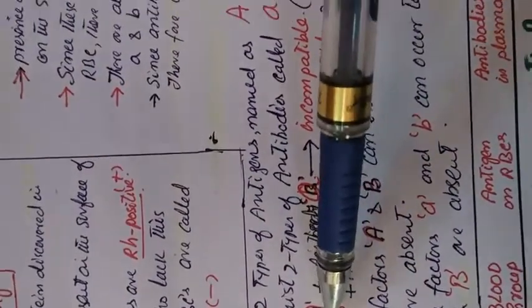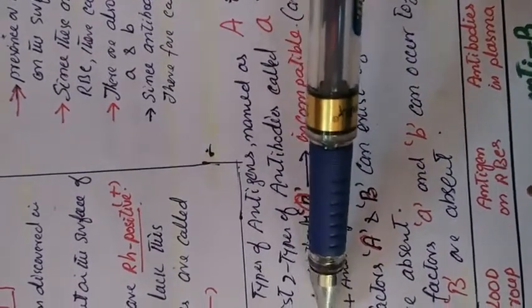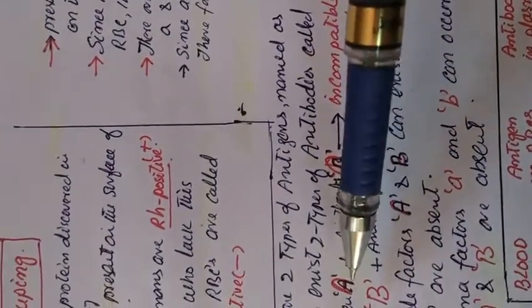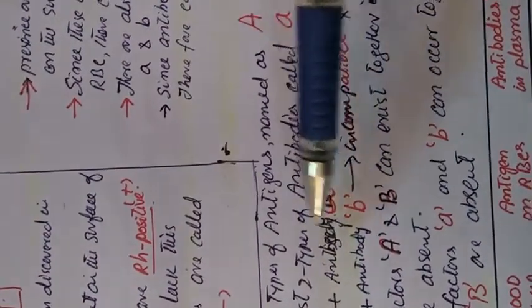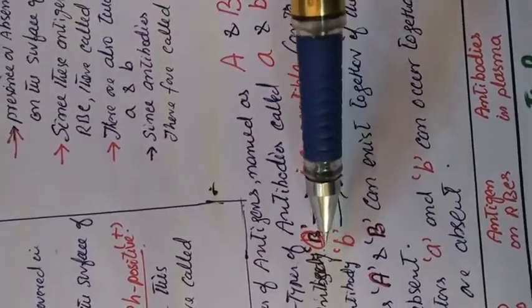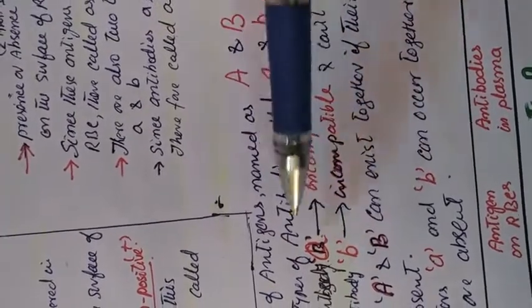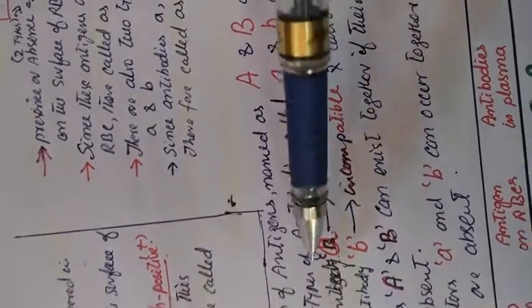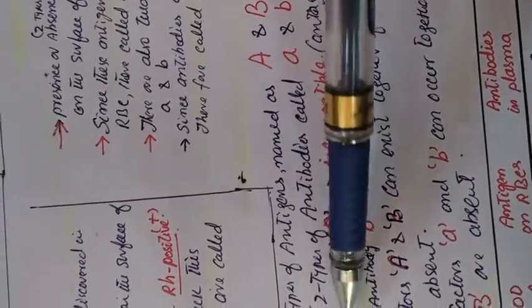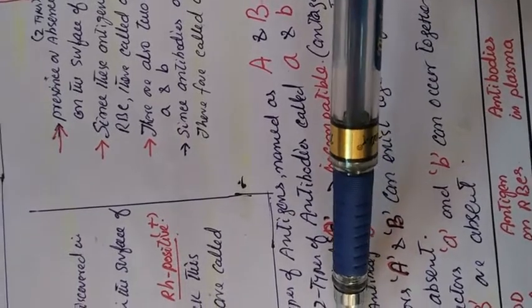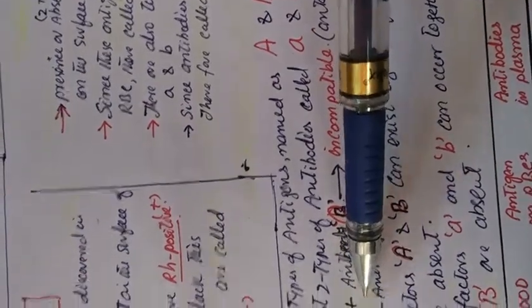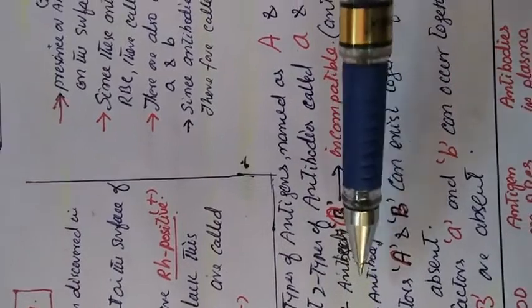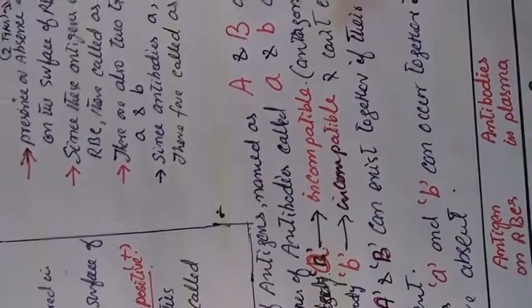If a person has antigen A on the surface of RBCs, and this blood is mixed with the blood of another person having antibody A, then these two blood types are incompatible, because antibody A will interact with antigen A and initiate an antigen-antibody interaction that will lead to agglutination or clumping of the blood, which must be avoided.